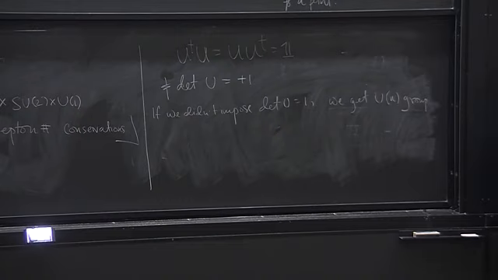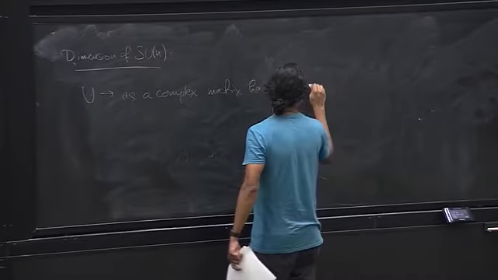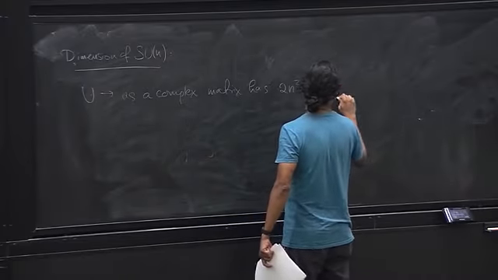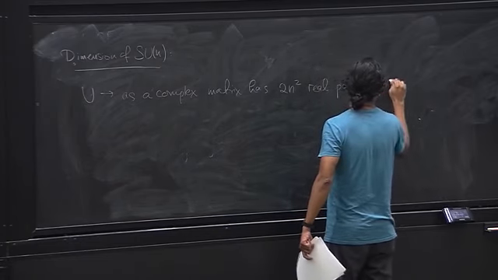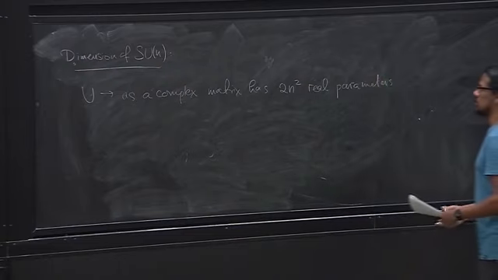So U, as a complex matrix, has in principle 2n squared real parameters. But not all of them are going to be independent.